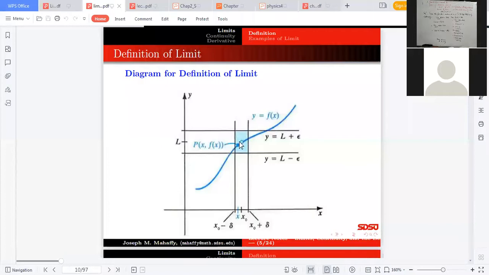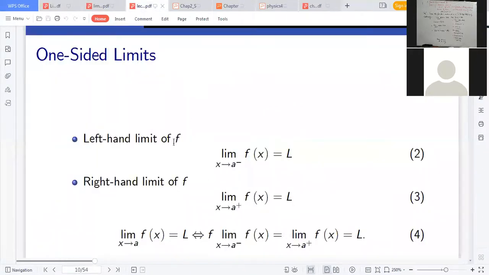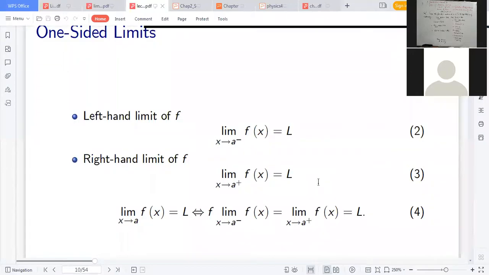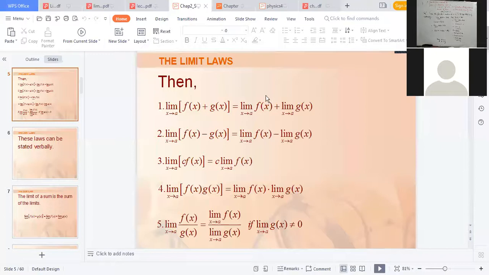And this is the formula for the left hand limit and right hand limit. Now these are the laws of limits. If we add two functions, then the limits will be individual.